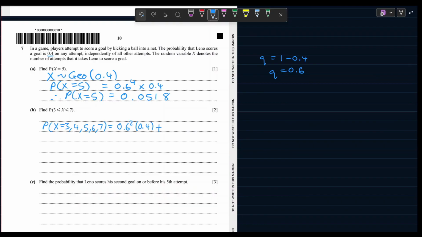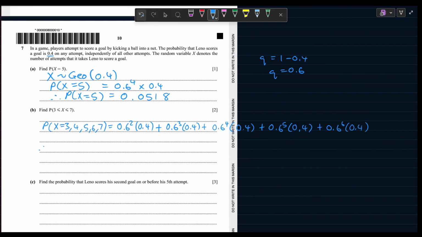Then 4 is going to be 0.6 to the 3 times 0.4. Then 5 is 0.6 to the 4 times 0.4. Then 6 is going to be 0.6 to the 5 times 0.4. And then finally 0.6 to the 6 times 0.4.